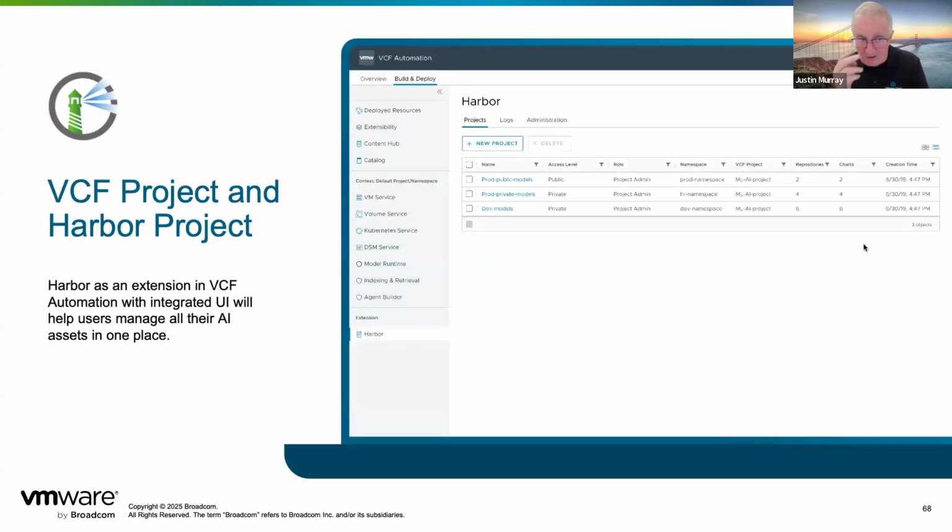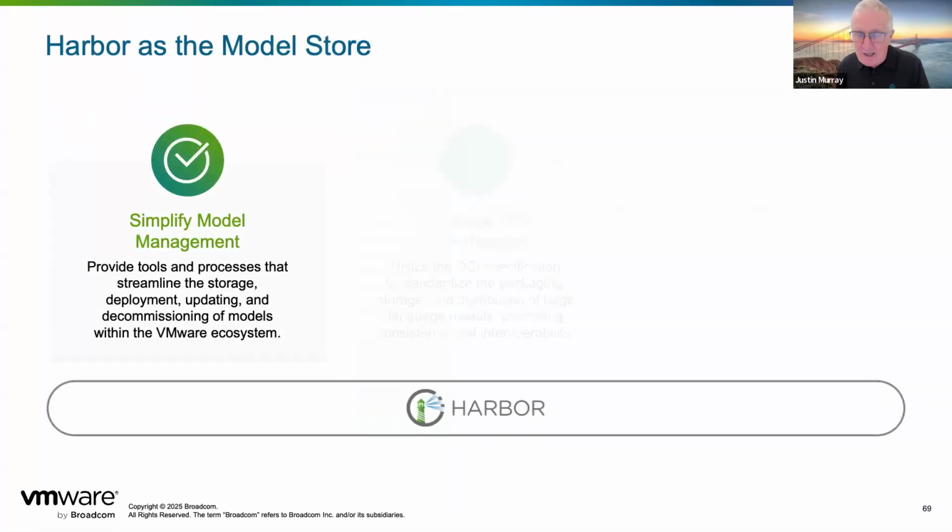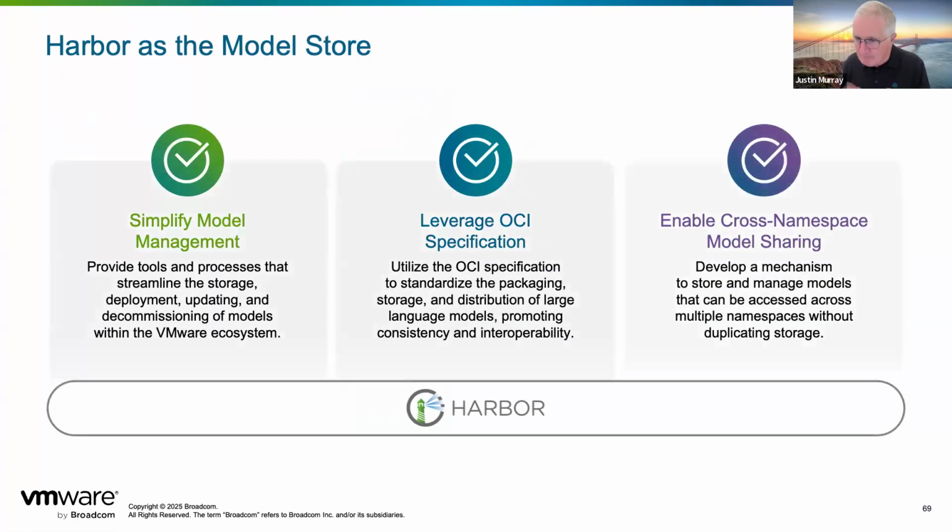So this is part of the model governance story that I showed you a very high-level summary of at the beginning. So here are a set of projects inside Harbor, and inside those projects, I can have individual repos or repositories. We're effectively leveraging the Open Container Initiative format here in the middle, which was built for storing containers.